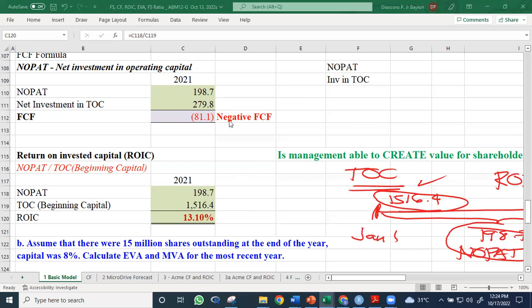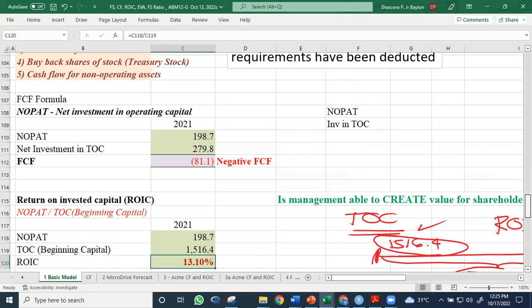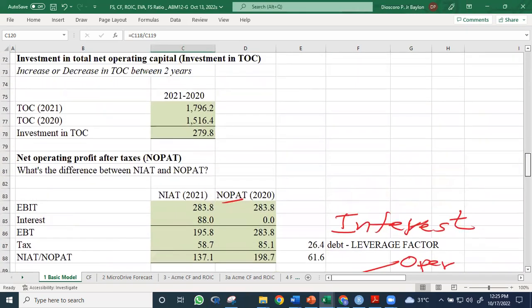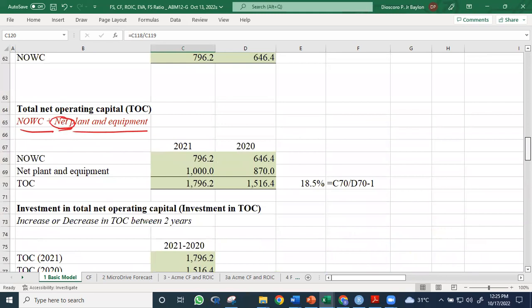Sir, question po. Yes, Francine? TOC beginning capital po, ano po siya? Yung 2020 yung gagamitin? TOC beginning capital. Okay. Asa yung TOC natin? Diba ito yung TOC for 2020. Tama? Ending ng 2020 is the beginning of 2021.